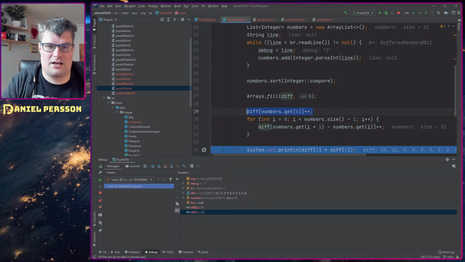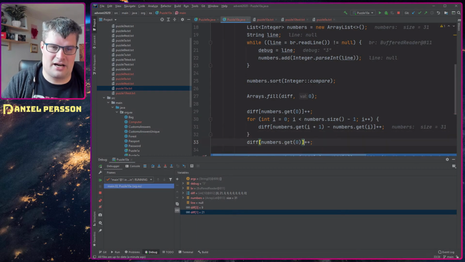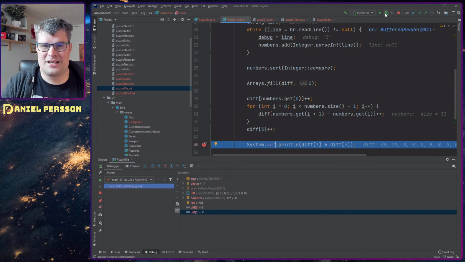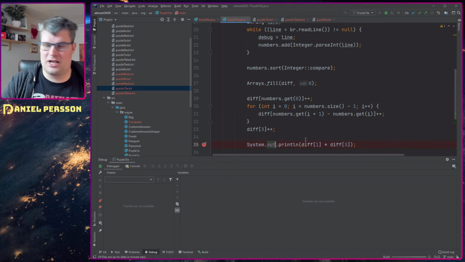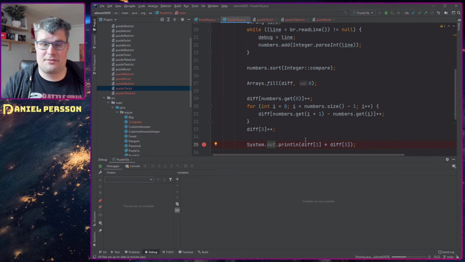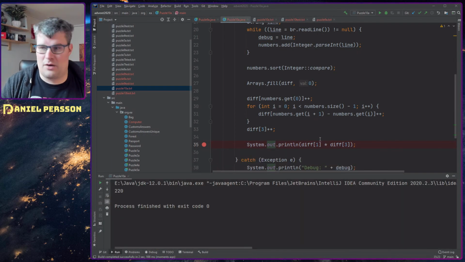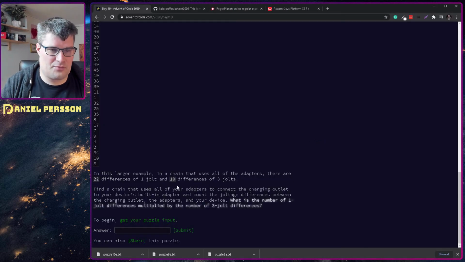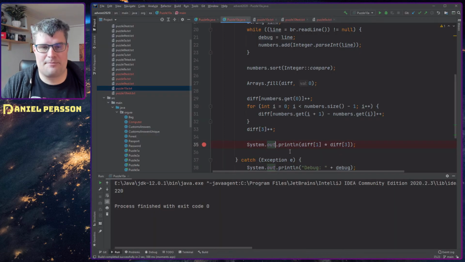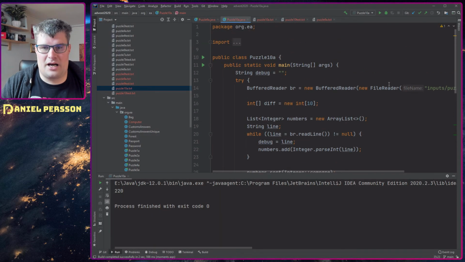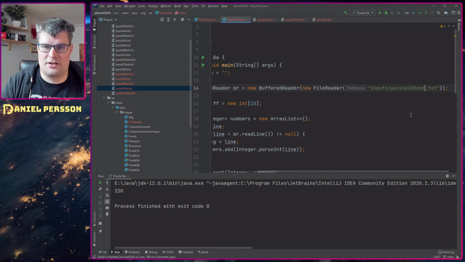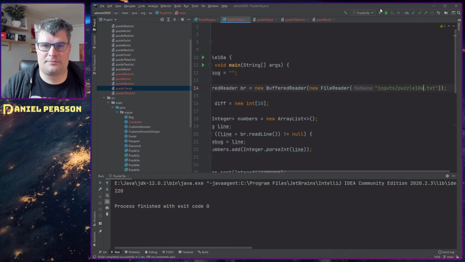And then we need at the end here also to add 3 as well, because that's the last one to our device. So now we get 220, and I believe that should be the result of the first one here, 22 and 10, yeah? So now we can take this and run it on our full example and see what we get.